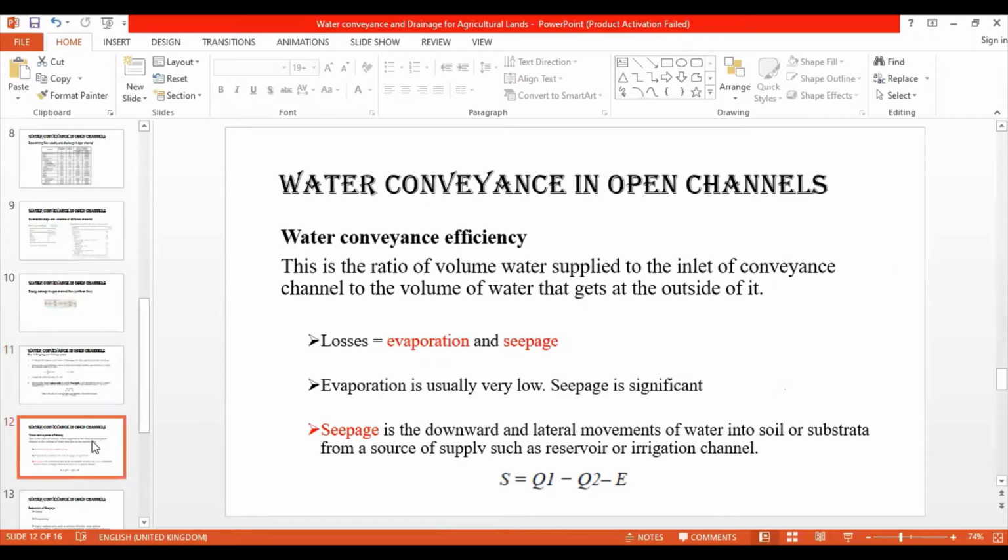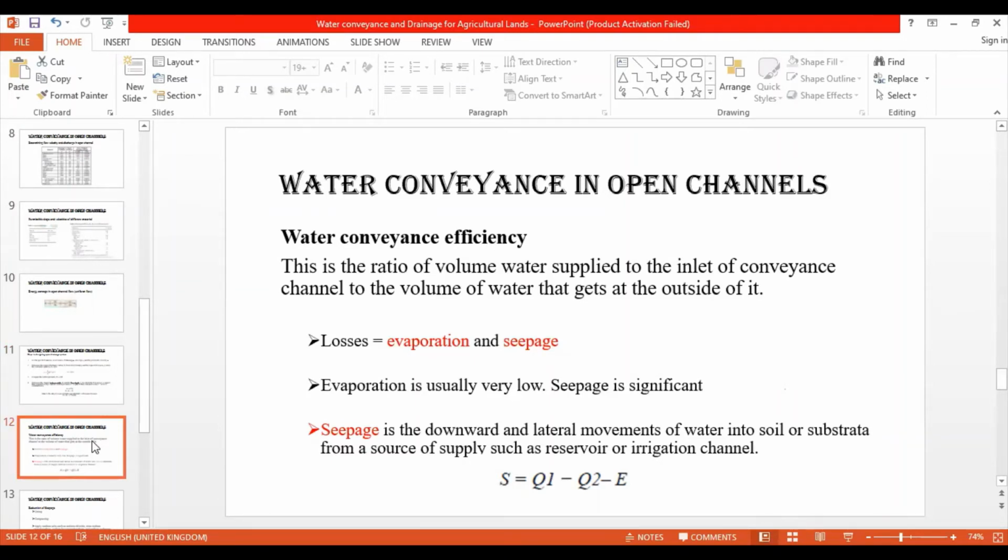After we have known the dimensions, we need to make sure that we don't lose water, so we need to be efficient. The amount of water that enters our system should be equal to the amount of water that leaves our system. So we need to reduce the losses.